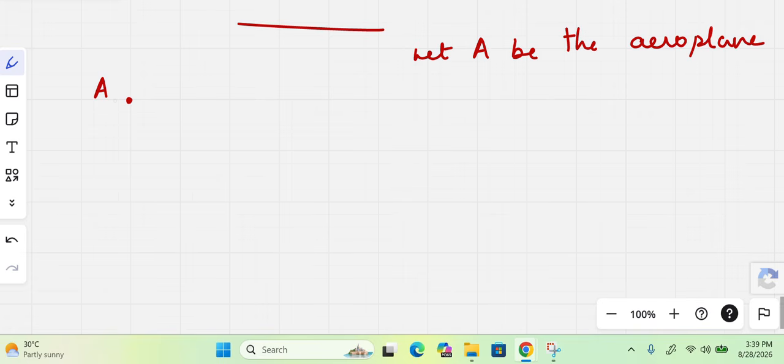An aeroplane is at an altitude of 1200 meters. That means it is at a height of 1200 meters. It finds that two ships are sailing towards it in the same direction. So this is ship number 1 and this is ship number 2.